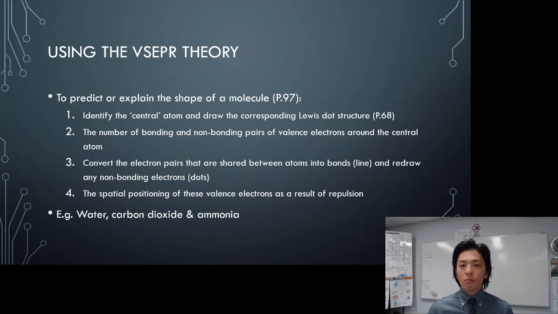Shapes would be something like straight, we call it linear. It might be bent like that, we will call that a V shape. And well, there are a lot more things, but we'll look at the shapes anyway. Just try drawing these 3 molecules in a book there, and let's see if you can use the VSEPR theory. All right, that's it. I will see you in the next video.